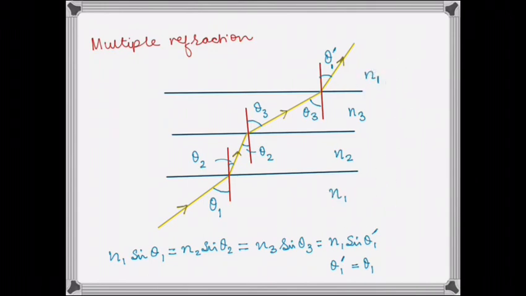When light comes from n1 to n1 again, we can see that theta 1 dash is equal to theta 1. So in the case of parallel refraction through many interfaces, when light comes into the same medium again, it is parallel to itself. This is one important property: light moves parallel to itself when it comes again into the same medium.